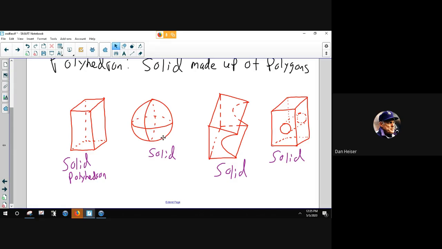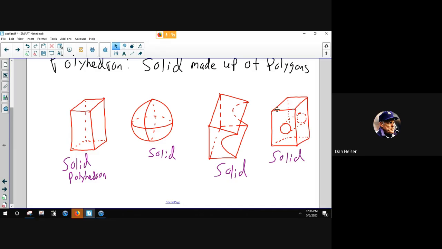It is constantly curved throughout. This solid has a polygon here. It has a polygon here. Has a polygon here off to the side, but then it's got this curved shape on the end. That is not a polygon because of that curvature. So therefore it cannot be called a polyhedron. It's just a solid. Same thing with this.